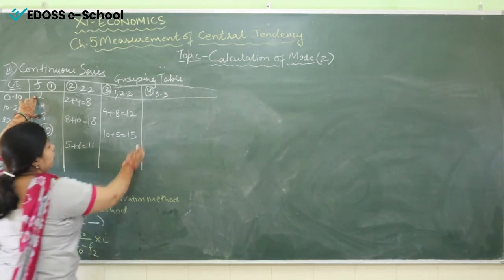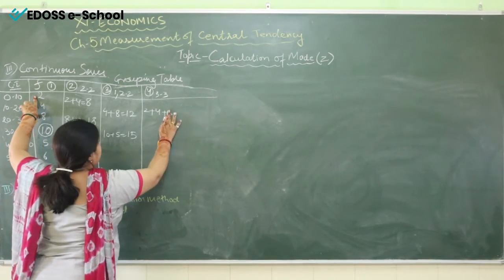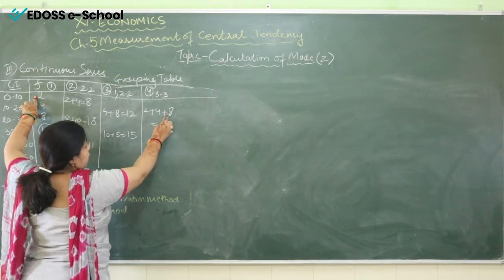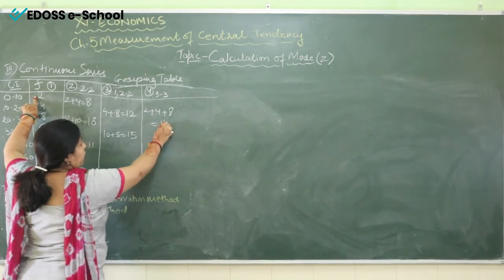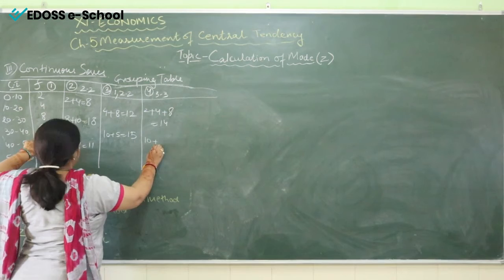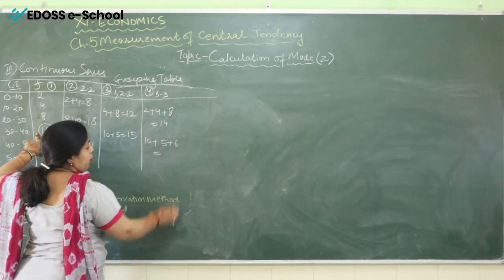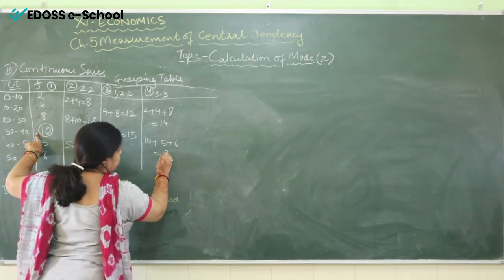The first three, that is 2 plus 4 plus 8, is 14. Then the next three, that is 10 plus 5 plus 6, is 21.